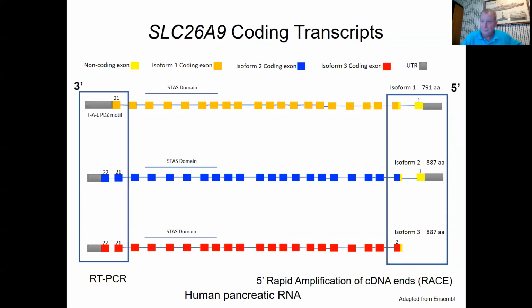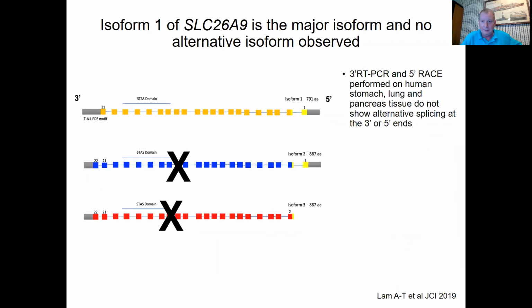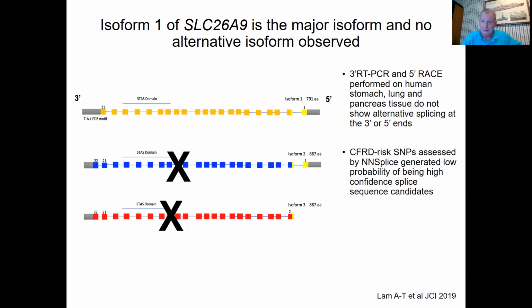And so we did some detailed studies on human pancreatic RNA, and we could not find evidence of isoform 2 or 3 in the human pancreatic RNA. We used 3' RT-PCR and 5' RACE. We looked also in stomach and lung, and we only found this one primary transcript.